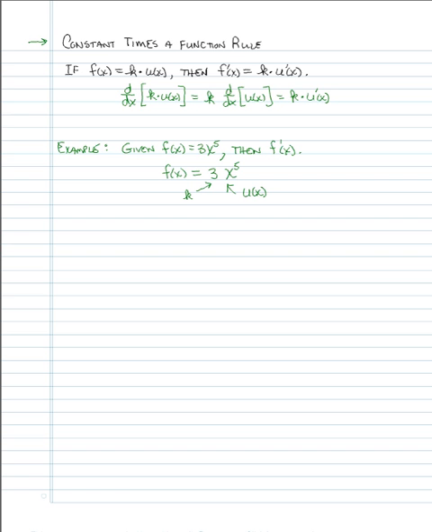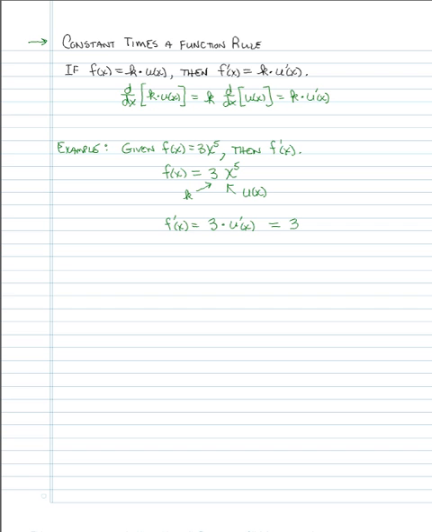And so remember, to find f prime of x, we take the constant, that's the 3, and we find the derivative of the function u. Finding the derivative of the function u here is just finding the derivative of x to the 5th, and we use the power rule to do that.